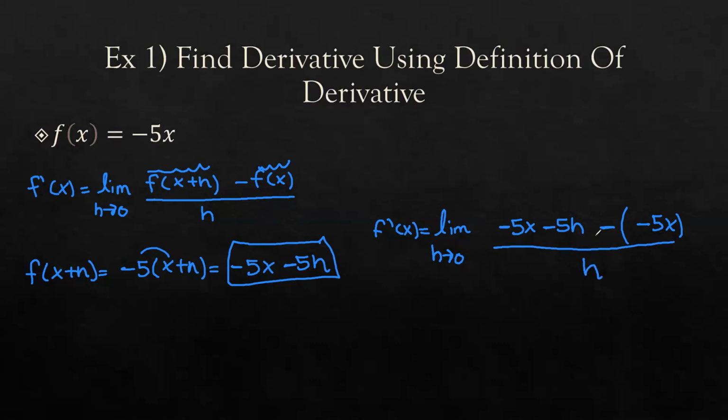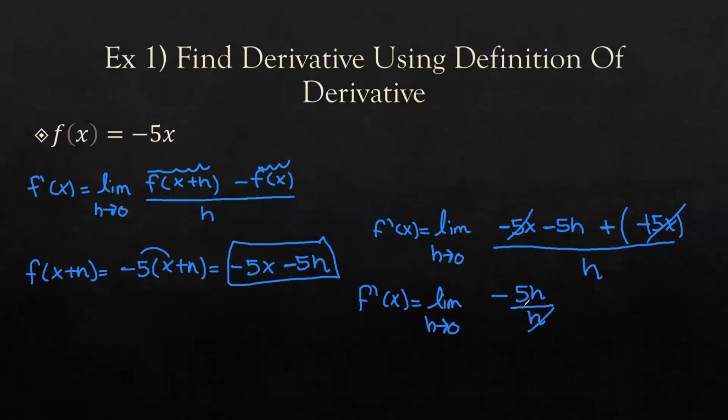Okay, what do you see? You see that these 2 minuses become a positive. So now the 5x cancels. So you can say f prime of x equals the limit as h approaches 0 of -5h all over h. And then what do you see?